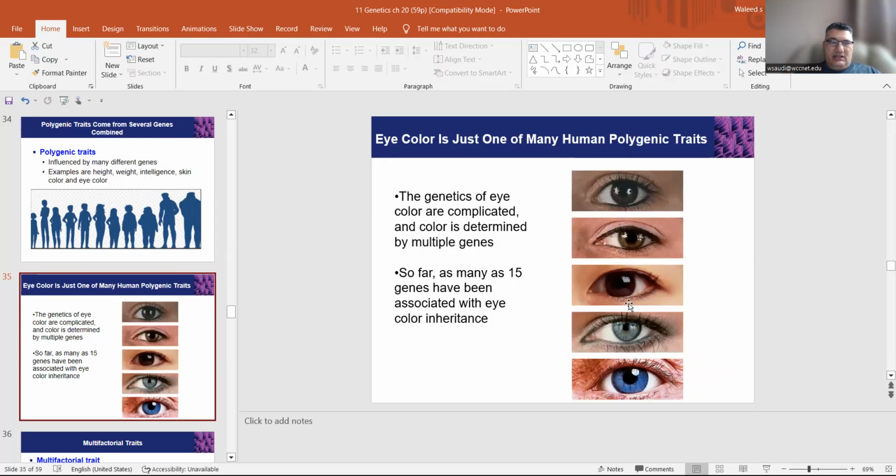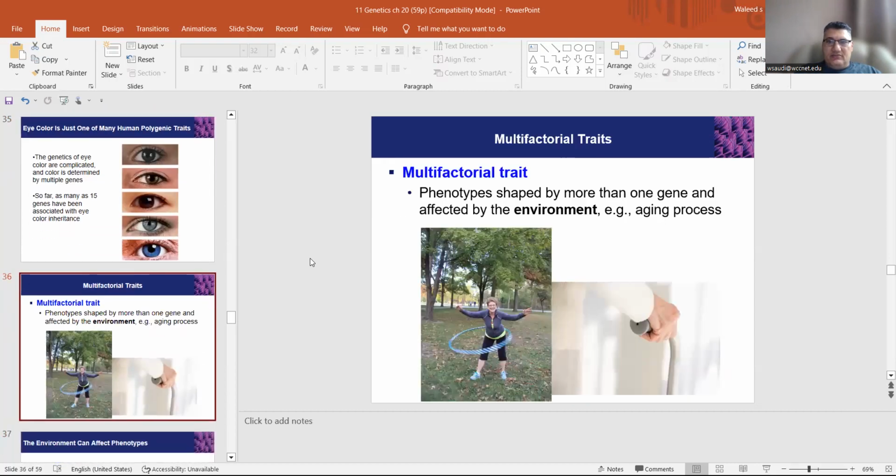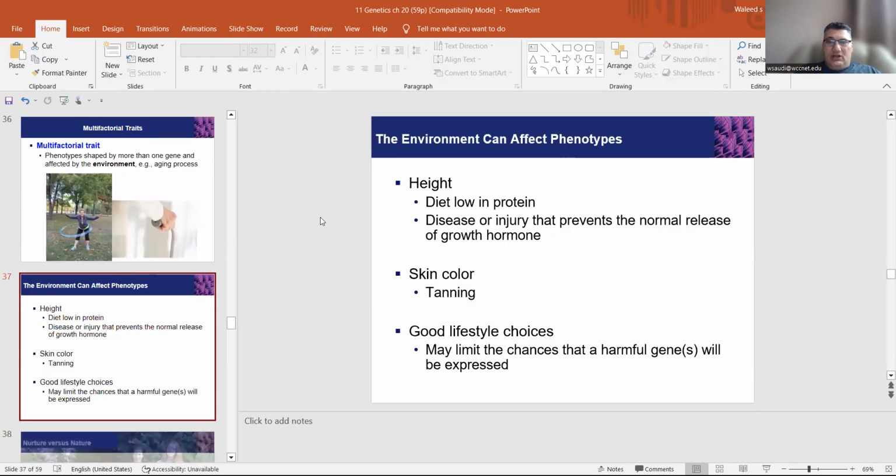Like these eyes, for example, there can be other factors influencing this. Multifactorial can also be for environment. I'll give you the example of height. You got alleles from both parents to be tall, and you're not tall as expected.